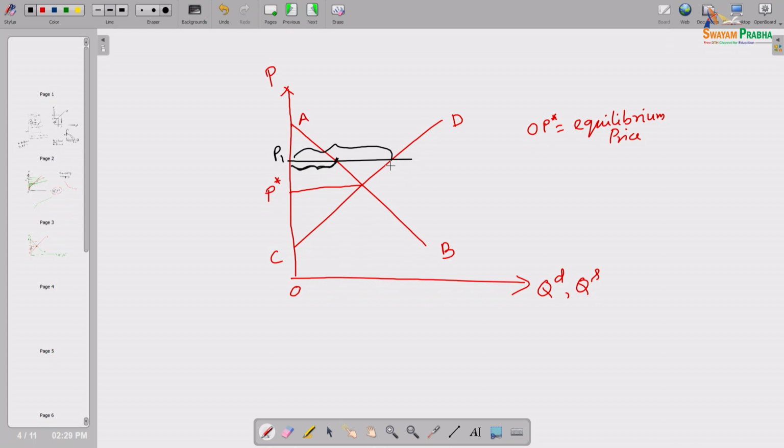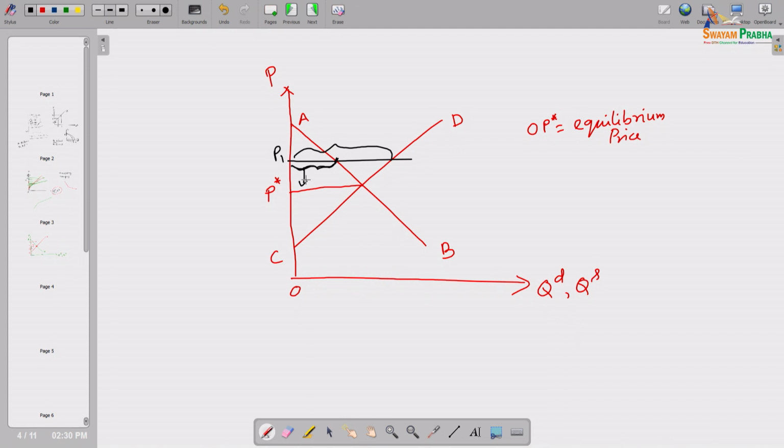So, what will happen? What are the natural economic forces? Ask yourself. In a market for a commodity where a lot of customers and a lot of sellers are there, the amount of product which sellers are willing to sell is more than customers are willing to purchase. That is the situation here. Quantity supplied is way above quantity demanded.